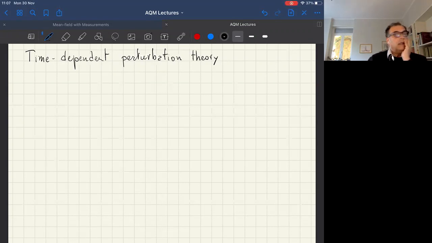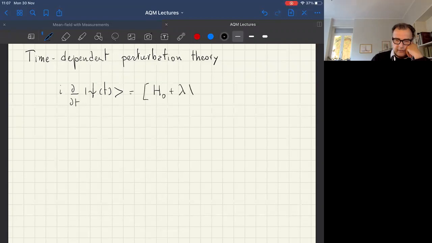Now, in the present case, we have a different problem. Suppose that we have a generic time-dependent Schrödinger equation, with H0 plus lambda V, and what is important is that this is V of t. So V depends on time.